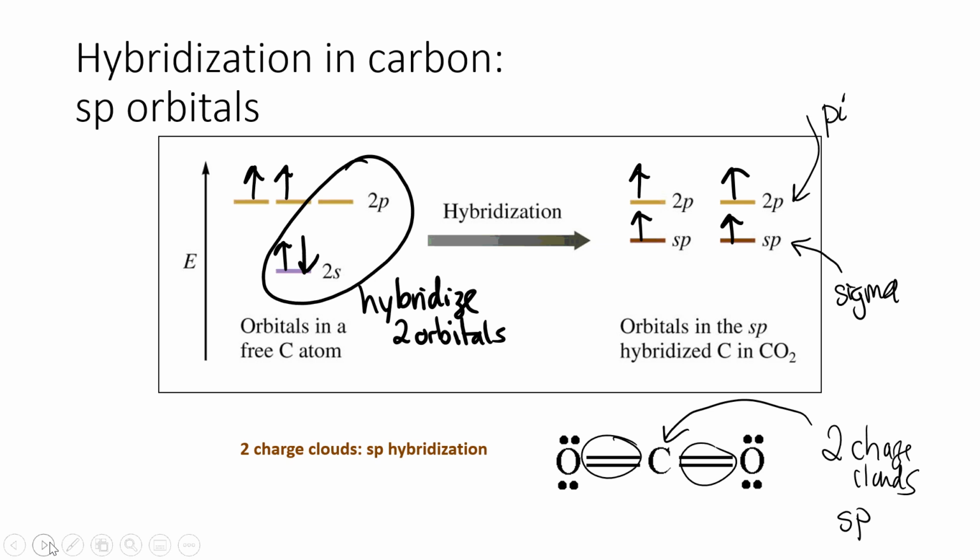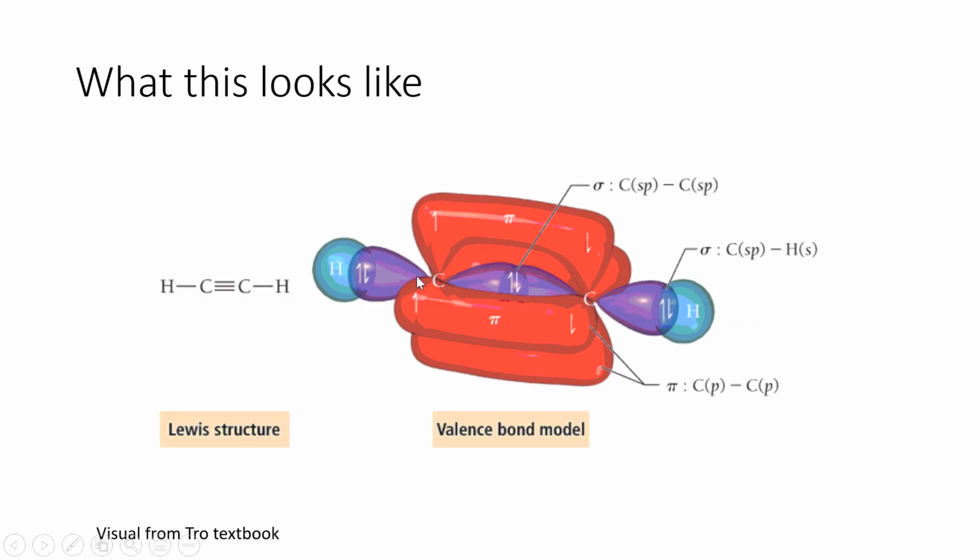So let's see what that looks like here. So we've got, here are our sp hybrid orbitals. So each carbon has 2 sp orbitals, and they're involved in sigma bonding. So notice how each carbon has like 2 sigma bonds sticking out of it. And then it also has these 2 unhybridized p orbitals, and they're going to be involved in pi bonding.